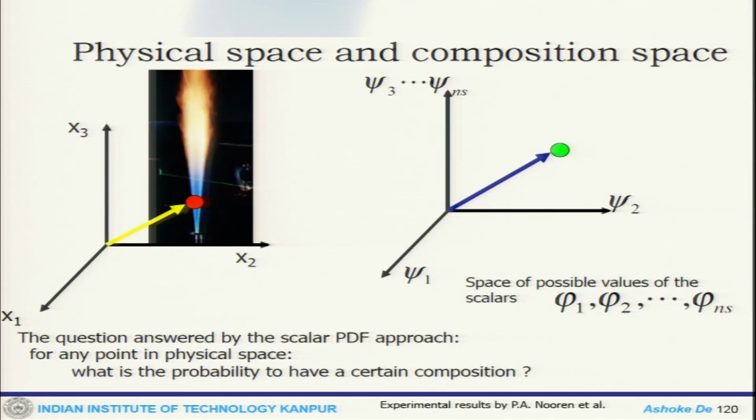Now, we look at this system, the physical space and the composition space. So, this is our physical space where the problem is defined, and this is one point which we want to locate. So, this is our sample space. The sample space possible variables are phi 1 to phi n s. That means the sample space is formed with all these scalars, which are sort of linearly independent functions one can think about. Now, for this particular point one has to find out what could be the probability to have a certain composition.